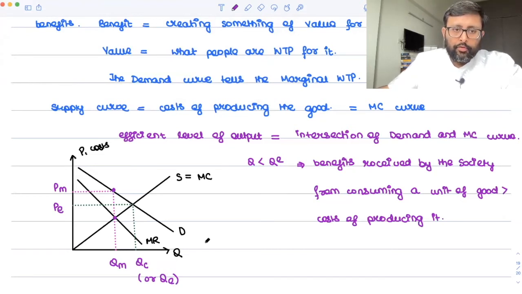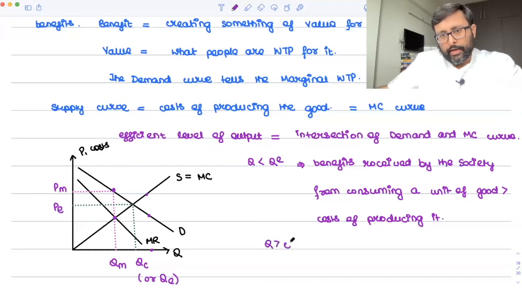For something which is greater than the QE, for example, here at this particular point. So I'm not marking this. For this level of Q, the benefits are this much and the cost is this, right?